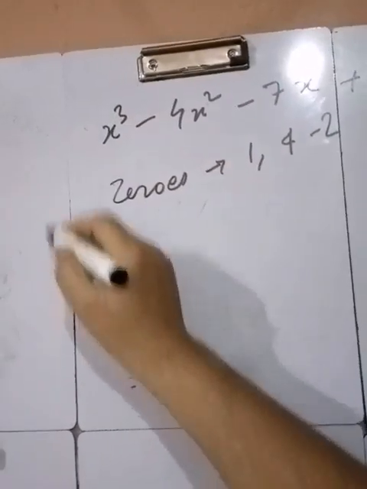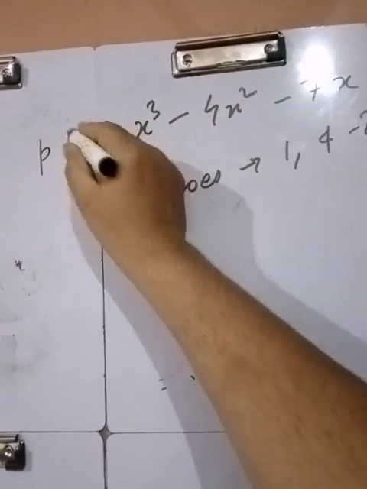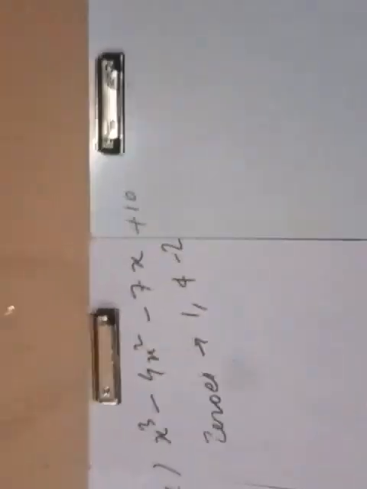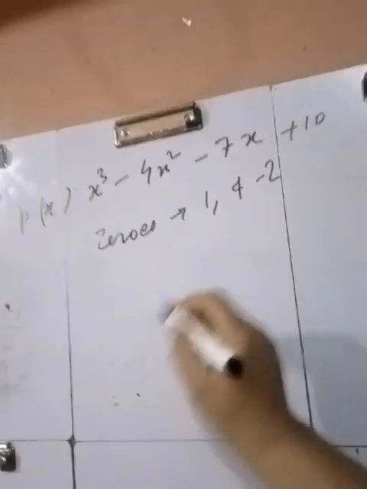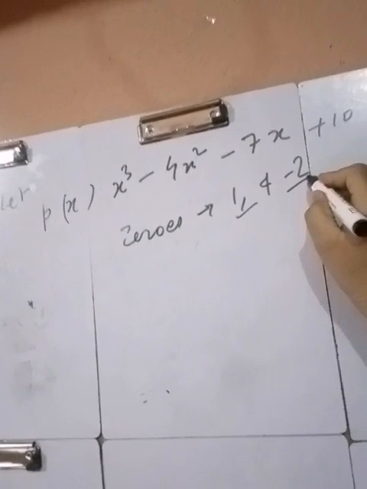So again we will go in that way only. Let Px be equal to this. Now this and this are zeros, given.